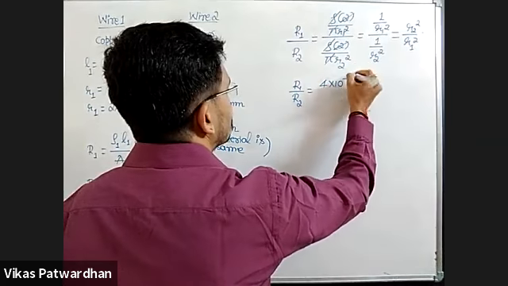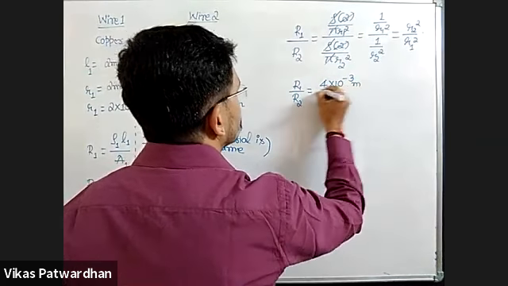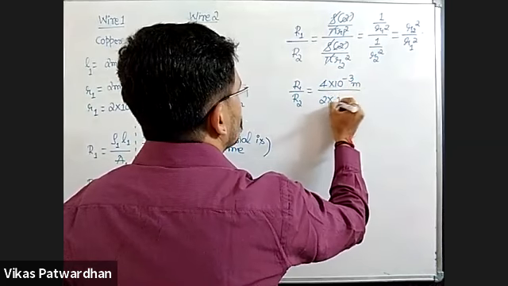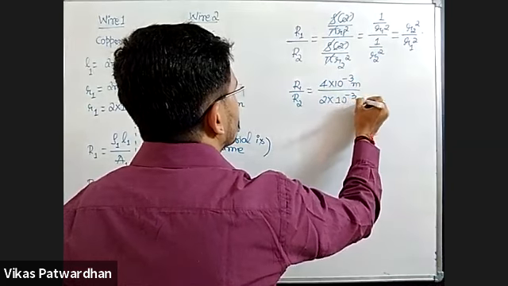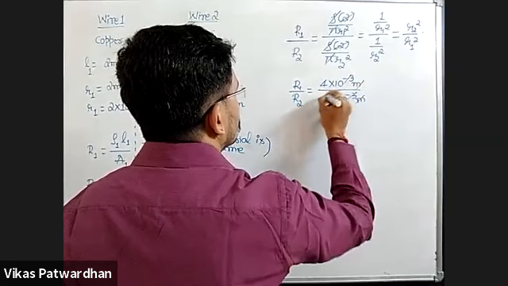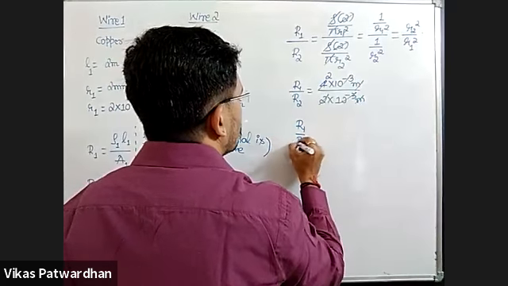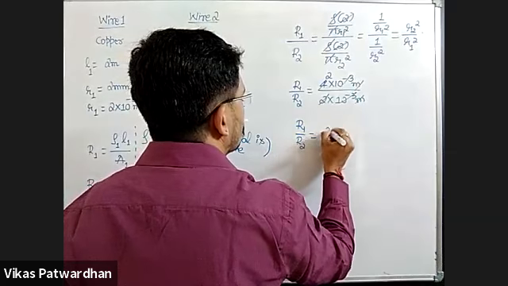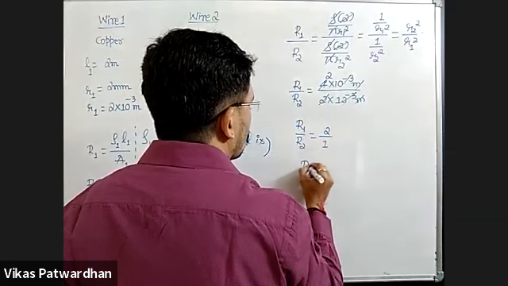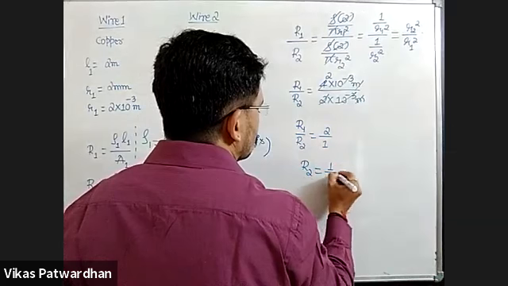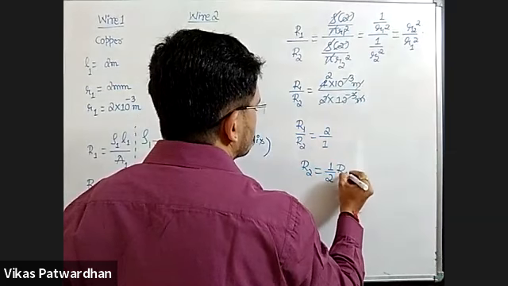Why is it minus 3? Millimeters. 2 into 10 to the power of minus 3. Then R1 by R2 is equal to 2 by 1, or R2 is equal to 1 by 2 times R1.